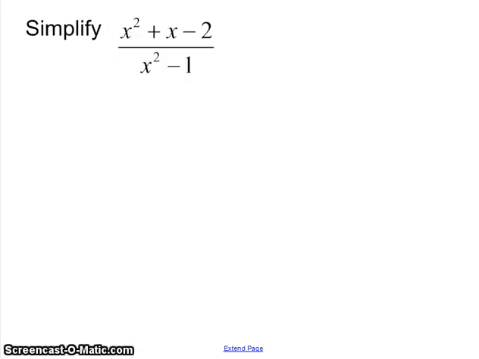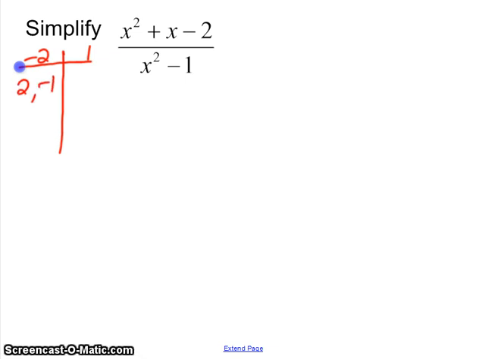All right, here's my example 2. I would encourage you to pause the video and give this a try yourself before you check your work with mine. All right, I'm going to go ahead and factor the top. Again, this is easy AC. I need factors of negative 2 whose sum is positive 1.